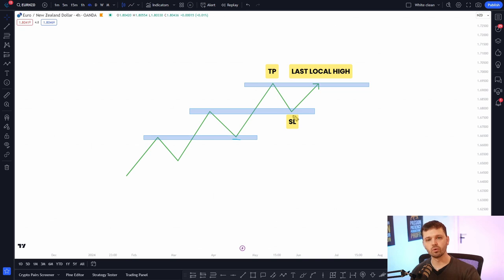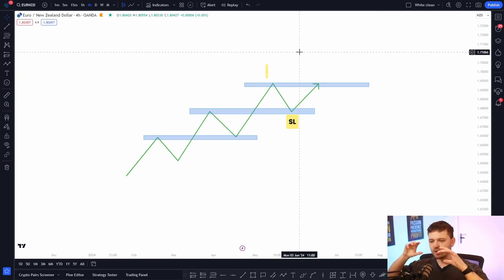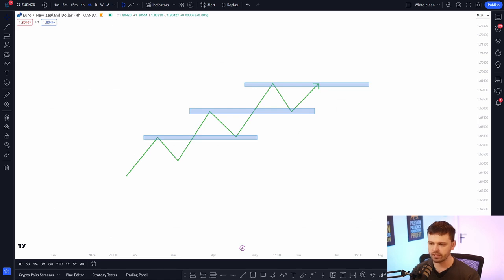Or if you're looking for a lower time frame entry, you can place the stop loss below the low where you entered, where the bounce was. So you enter here, stop loss here, TP here, and then price can do whatever it wants. You can validate the trend or whatever. That's the foundation and the basics of the break and retest in a trending environment.